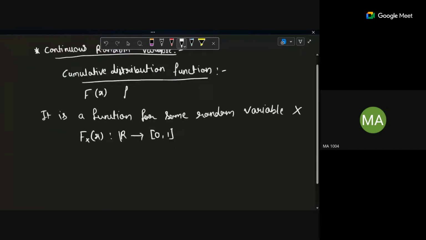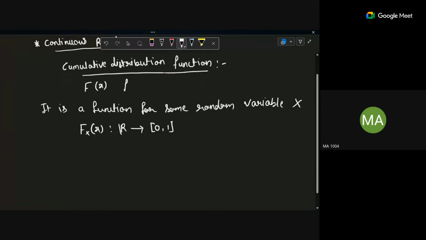If it is a function, then there might be some definition for that, right?